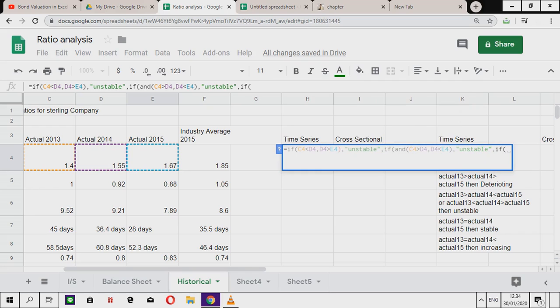For the unstable one, IF, bracket open, and bracket open, C4 less than D4, comma, and then D4 less than E4 means improving. Don't forget to add the quotation.